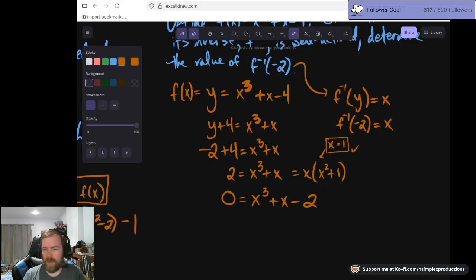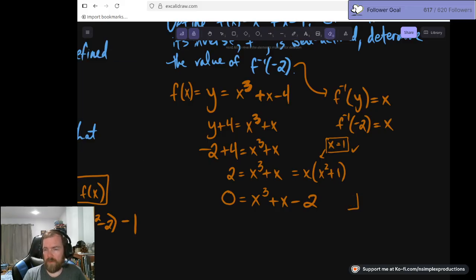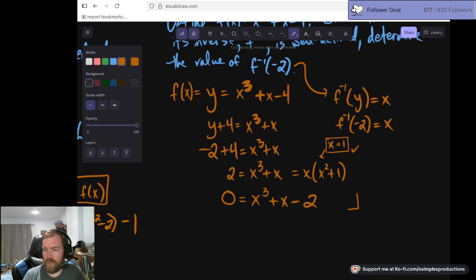In particular, we could, for instance, do division. So we say that, no, that's not what we want. We want x is equal to 1 going into 1x cubed plus 0x squared plus 1x minus 2. If we divide, we end up with a 1, add is a 1, times this is a 1, add them together is a 2, multiply by 1 is 2, and add them together we get 0.